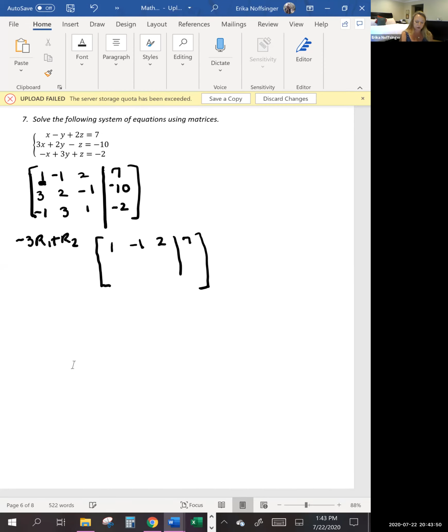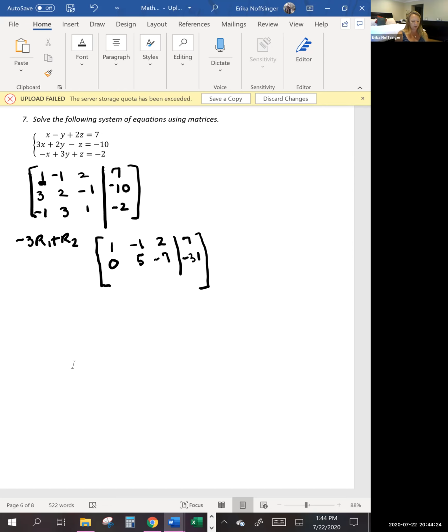My new row 2: -3 times 1 is -3, plus 3 is 0. -3 times this -1 is +3, plus the 2 below it gives me 5. -3 times this 2 is -6, plus the -1 below it is -7. -3 times 7, that's -21, plus a -10 below it is -31.